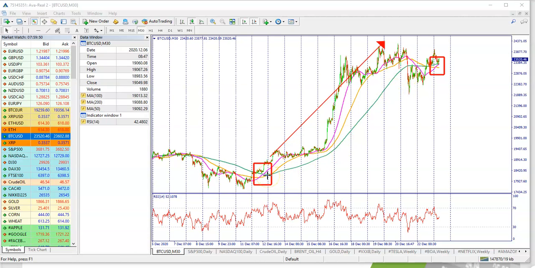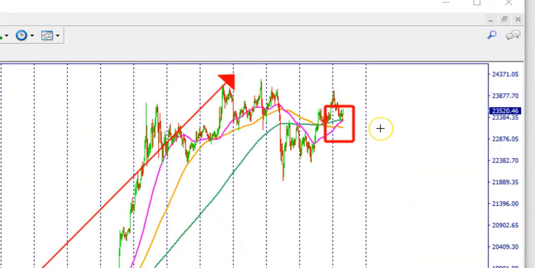So once again, to repeat that, the last time the 50-day simple moving average crossed above the 200-day simple moving average, we saw this massive rally, and a similar thing is about to happen with respect to the Bitcoin price on the 30-minute time frame as well.